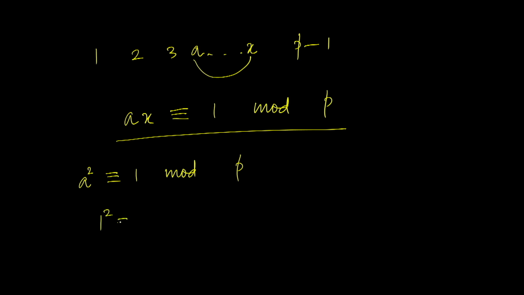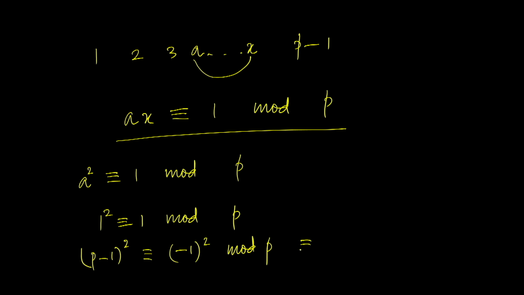For example, 1 squared is 1 mod P. P minus 1 the whole squared is minus 1 the whole squared mod P, which is 1 mod P. So in this we find that 1 and P minus 1 pair with themselves. That is, 1 into 1 is 1 mod P and P minus 1 into P minus 1 is 1 mod P.